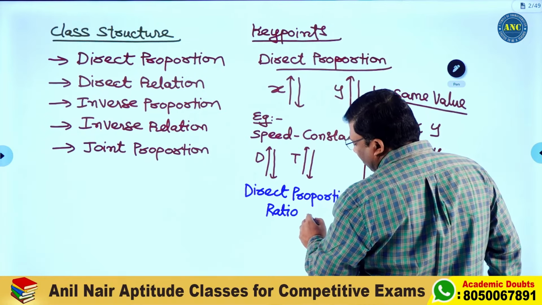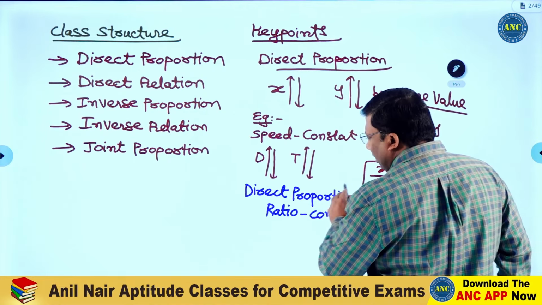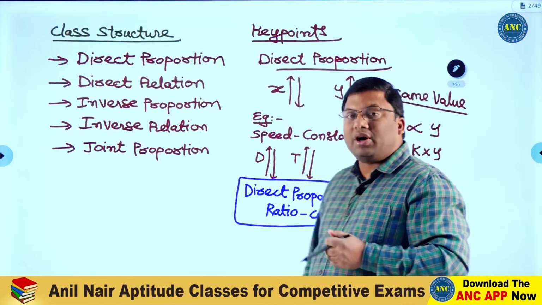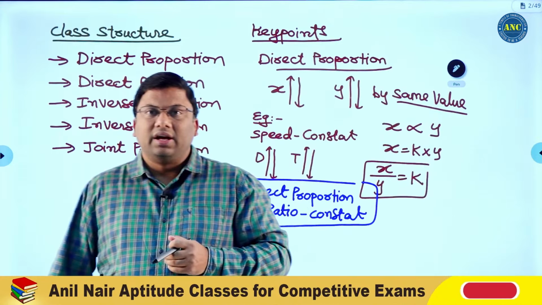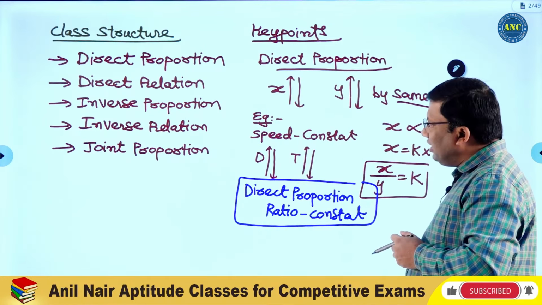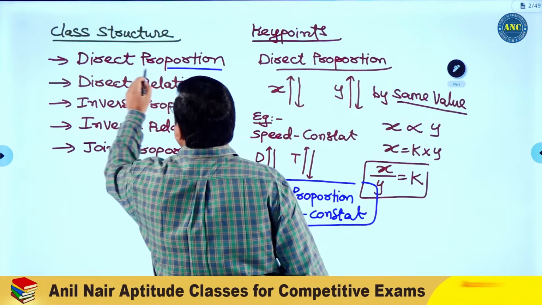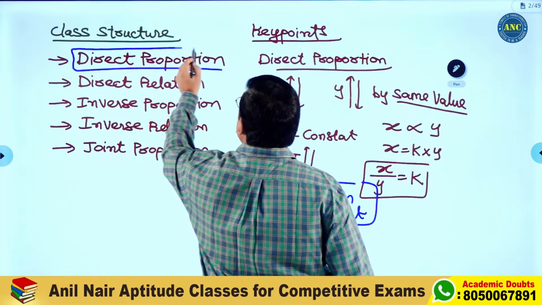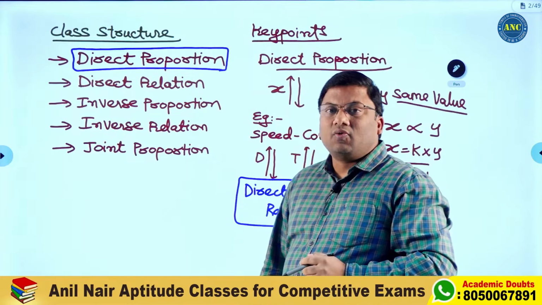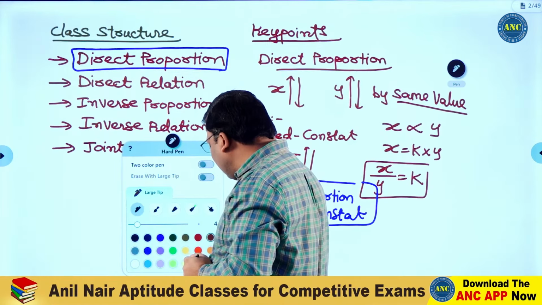Very important. Based upon this, whatever we wrote in the blue box, we will use those formulas. Direct proportion means if x increases, y increases by the same value. If x decreases, y decreases by the same value.